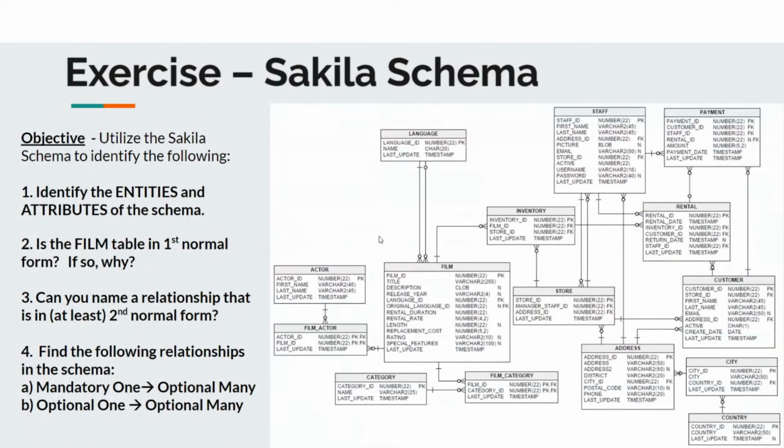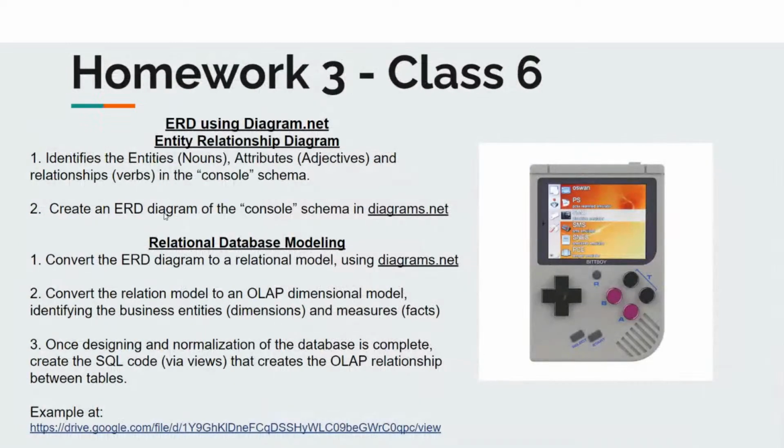I'm not expecting you to even do the one-to-many relationships. Just draw the relationships between the keys of the table. And then take this entity diagram and turn it into a relational model that you can create tables with. It's really just taking the ERD diagram and listing out the fields and the data types and stuff like that.